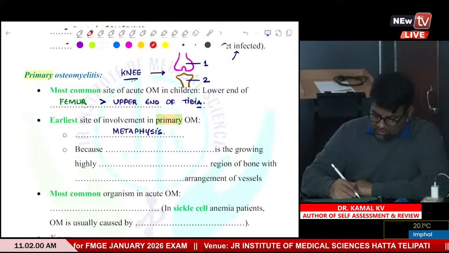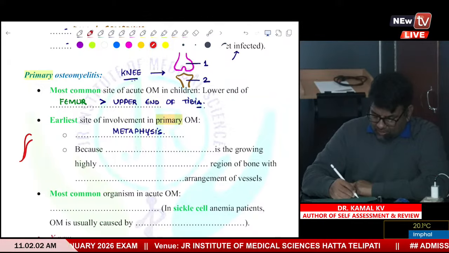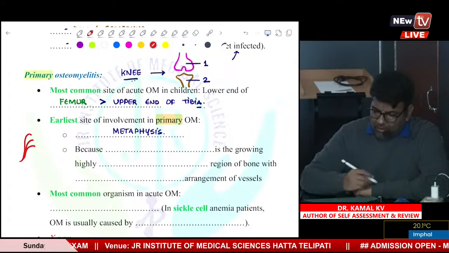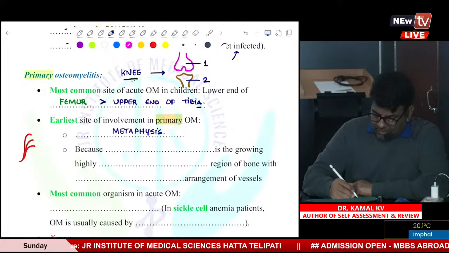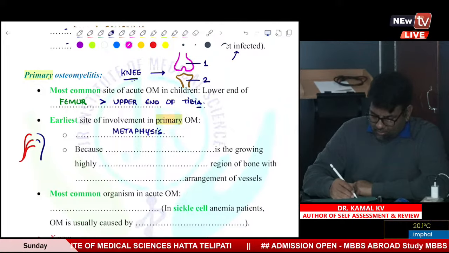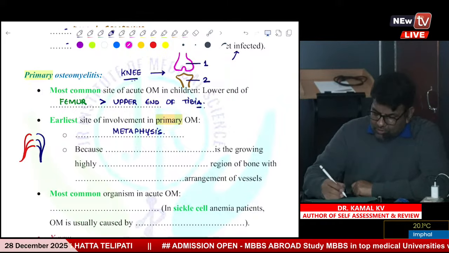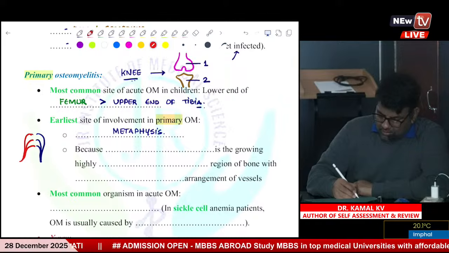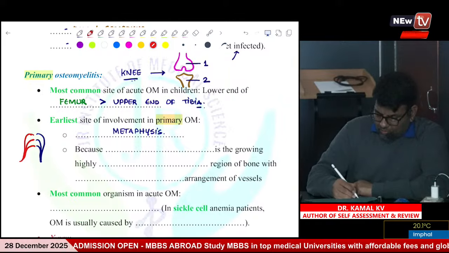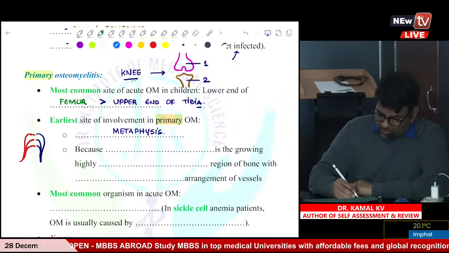Apart from this, there is a very typical arrangement of the blood vessels. So this is known as, yes, what is this known as? Especially girls, they should know what they put on the hair.